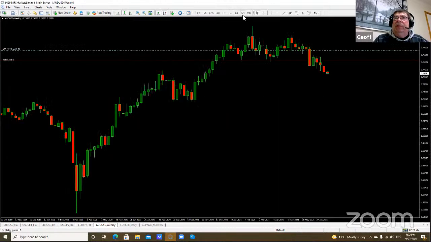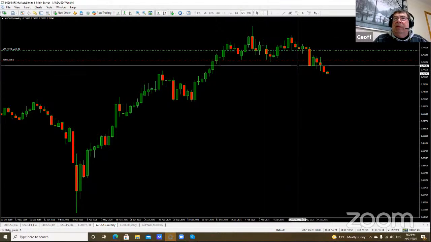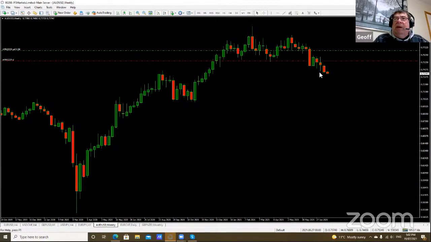What's the weekly telling me? Yeah, there's not much difference, is there, really? I still think we need to give it a little bit more space. Maybe you could consider moving it to there, which would lock in another 50 odd pips. I'm going to leave it for now and see what price action gives me today, potentially even tomorrow.